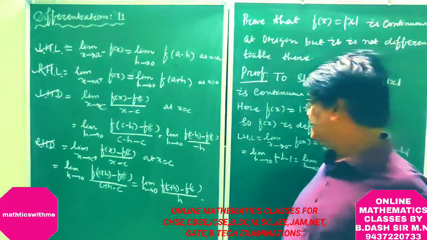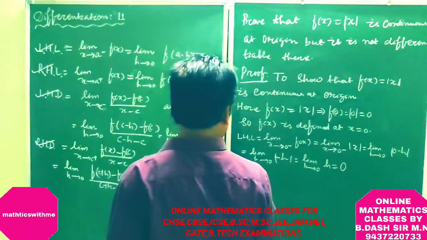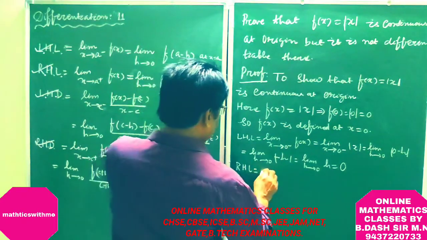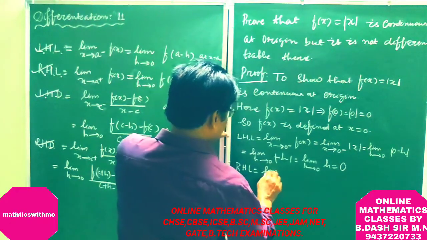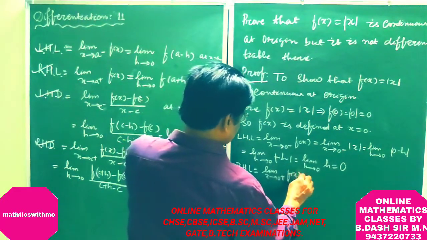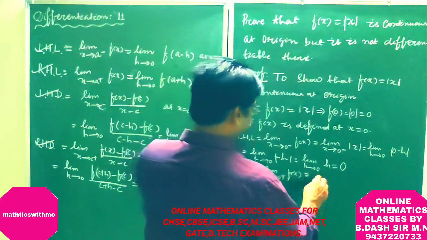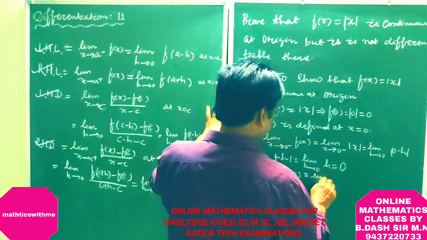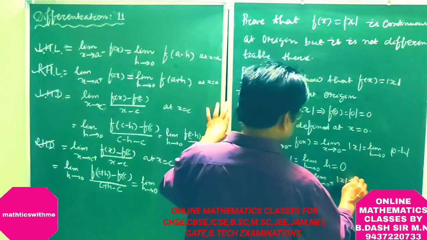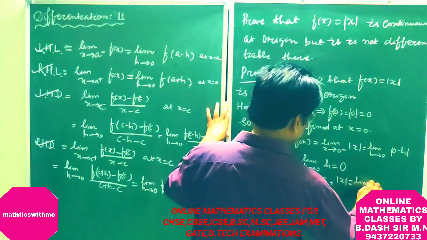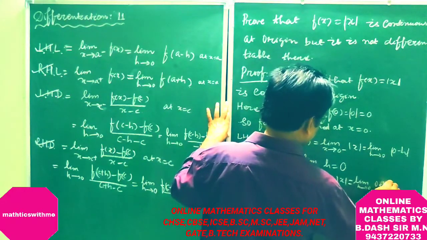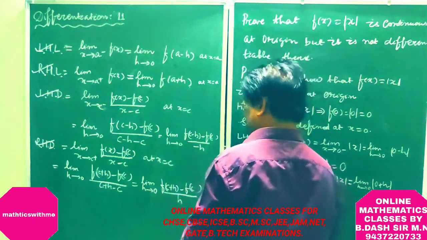Now to find the right hand limit. The right hand limit is equal to limit as x tends to 0 plus of f(x), which is equal to limit as x tends to 0 plus of |x|, which is equal to limit as h tends to 0 of |0 + h|.